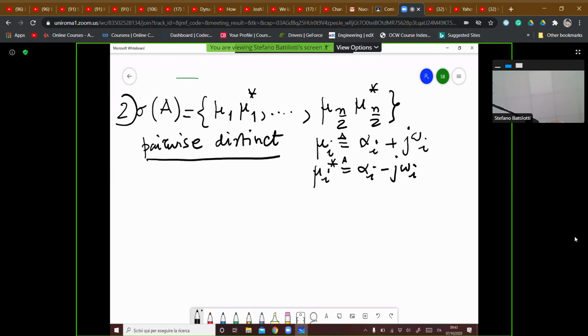So again, for each eigenvalue, in particular, we will consider one of the two, and we consider mi. Okay? So we associate to mi one eigenvector, which will be complex.